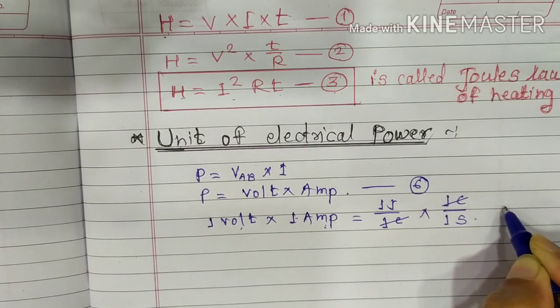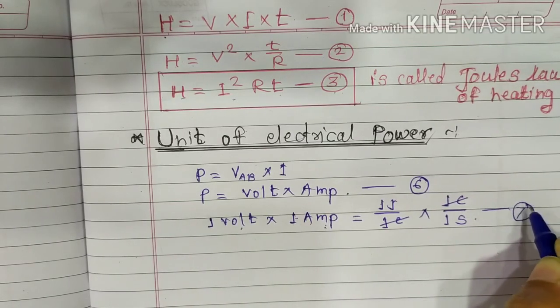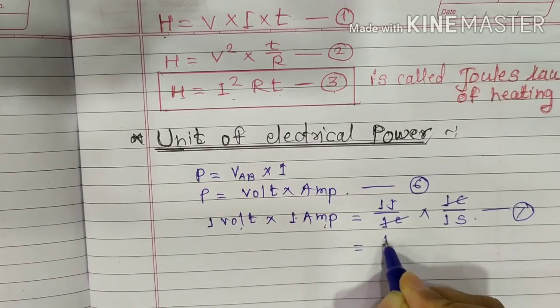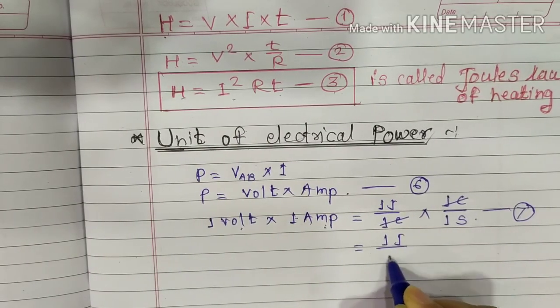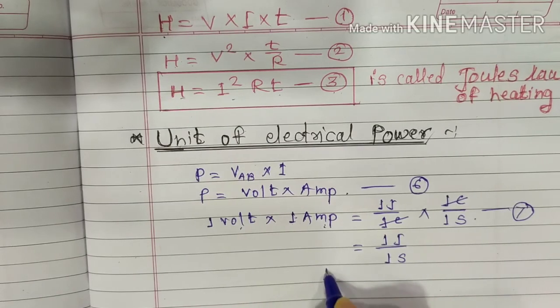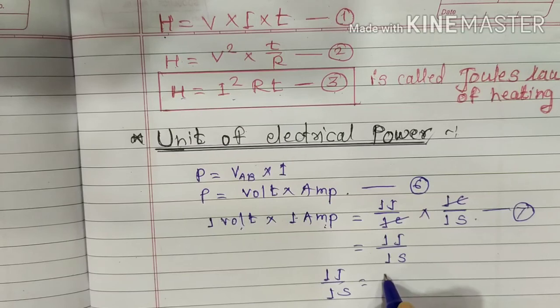This is equation number 7, and we get 1 joule upon 1 second, which is equal to the watt.